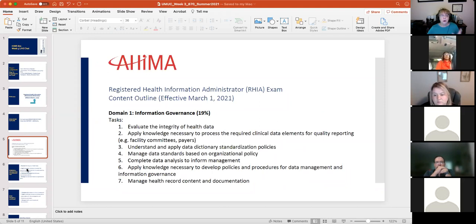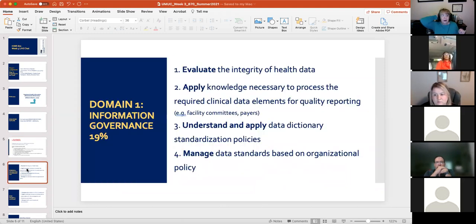Okay, so let's go over these 7 tasks, and I want you to focus on the verb. Okay, evaluate, apply, understand, manage. The verb is what is very important. In other words, as you're studying, make sure you understand what the integrity of healthcare data is, how it's measured, but how it is evaluated to make sure that it has integrity.